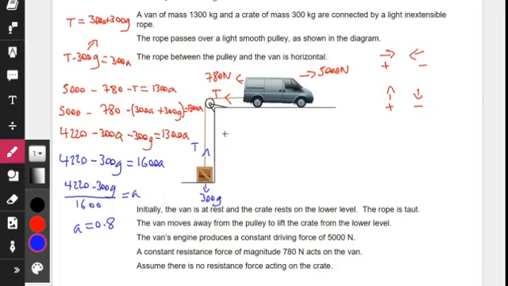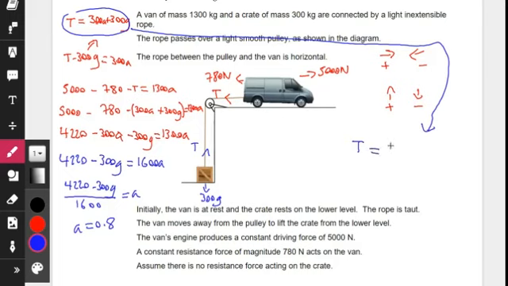And then we can use that to work out the tension. Recall with this equation that T was equal to 300a plus 300g. So T would be 300 lots of 0.8 plus 300g.